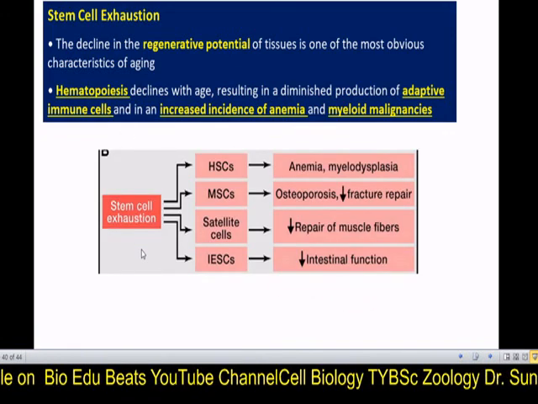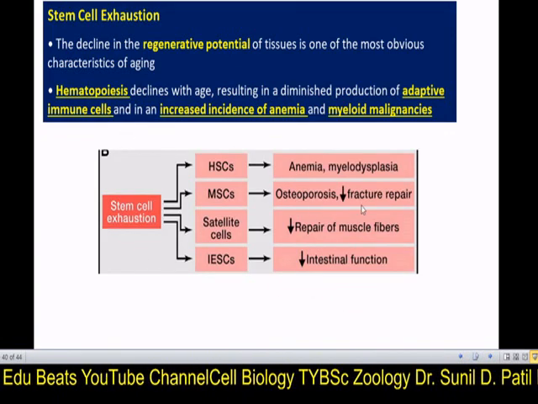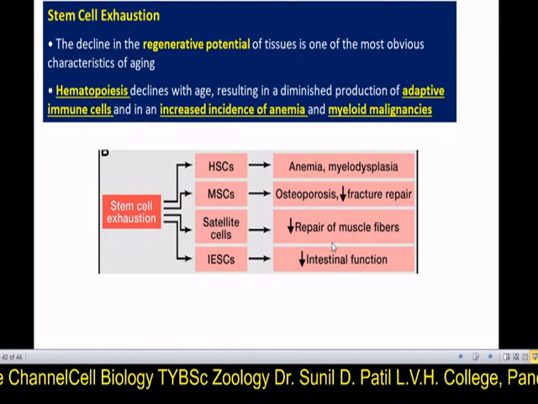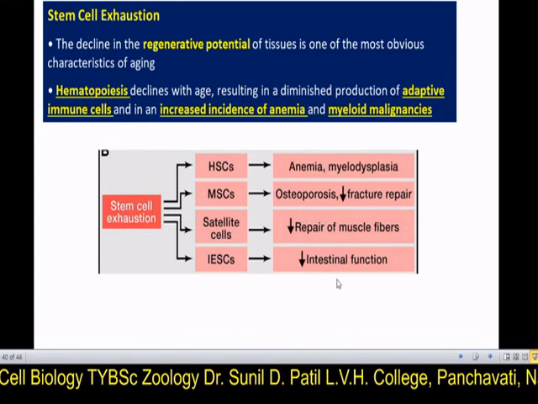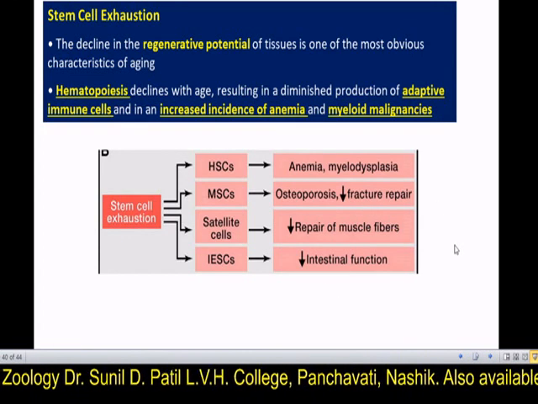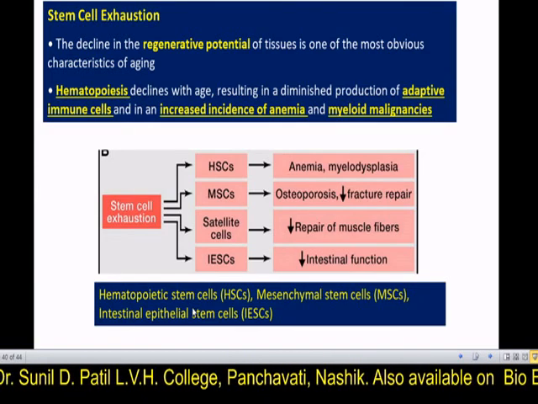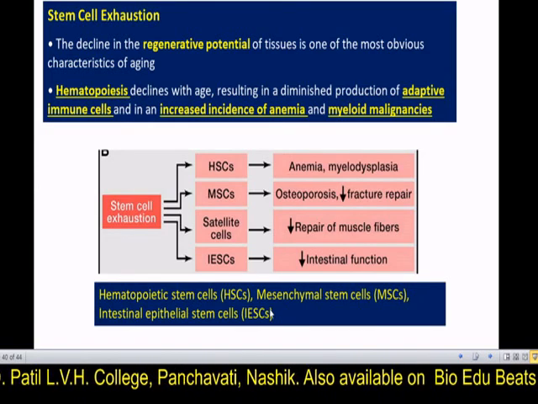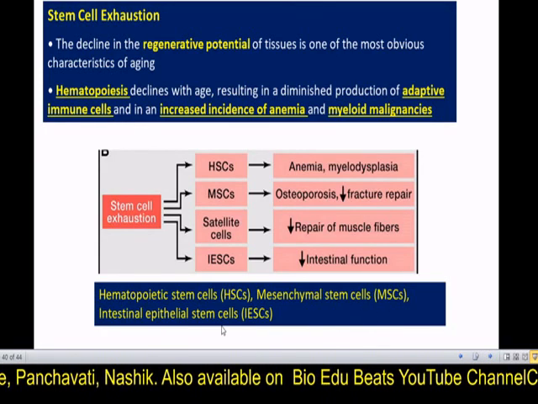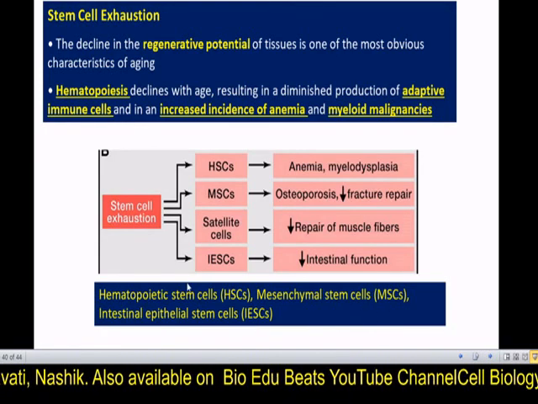So with stem cell exhaustion these things happen: osteoporosis, anemia, decrease in repair of muscle fiber, decrease in intestinal function, decrease in fracture repair, etc. These involve hematopoietic stem cells, mesenchymal stem cells, intestinal epithelial stem cells and satellite cells.